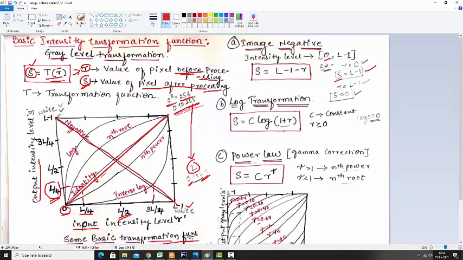That means maximum black is represented with the help of maximum white. And if we put L minus 1 in the value of R, the total thing will become 0, because it will cancel out. So we are getting the negative value.